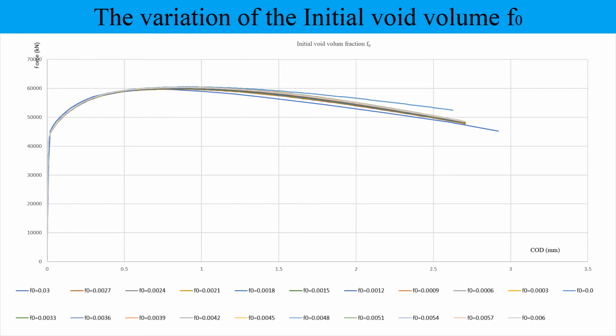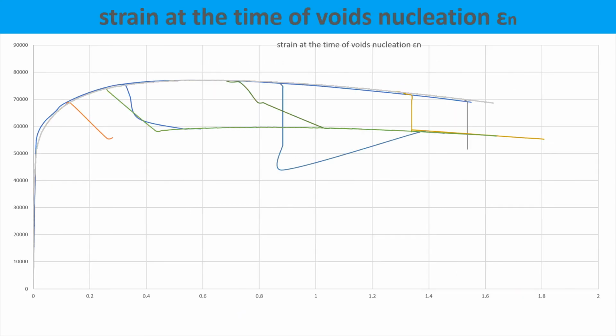I will show you later the most sensitive parameter, which is the strain at the time of void nucleation, epsilon n. As you can see in this picture, a small change in this parameter really affects the results, so we have to pay more attention to it.